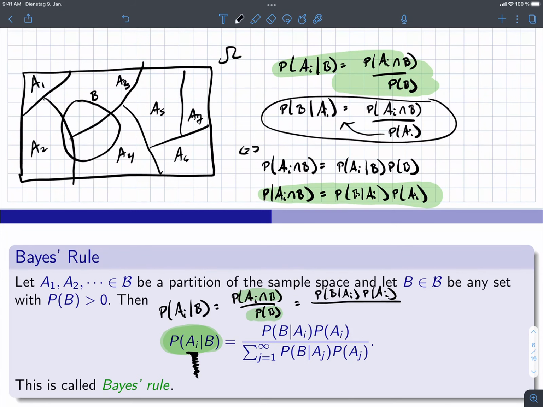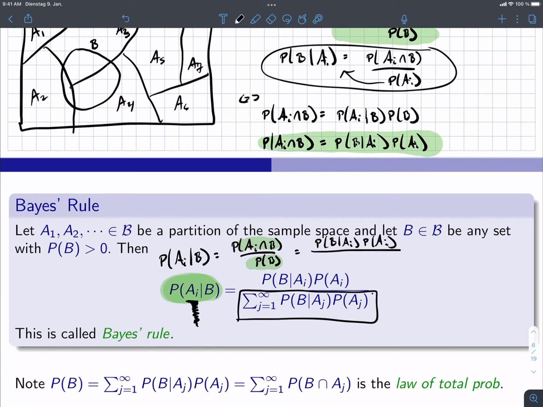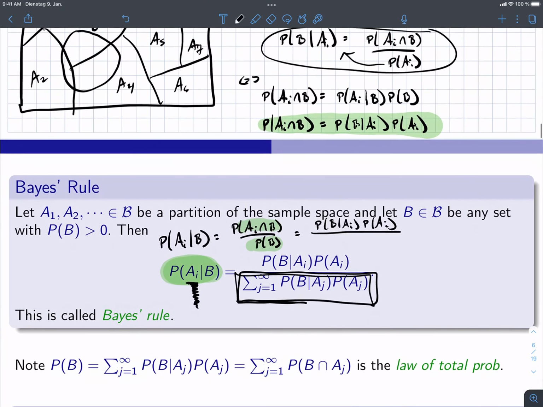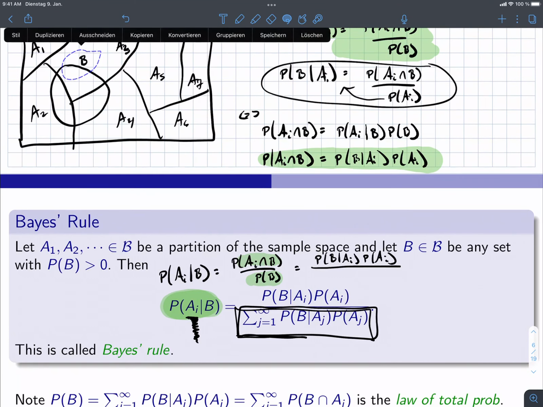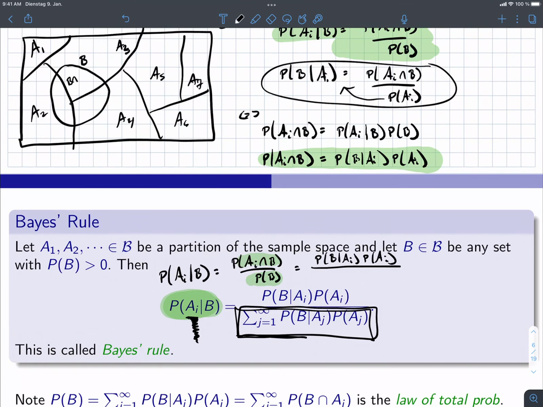Now the denominator is just another way of rewriting the probability of B. And I've put here how that's done. Notice that if I wanted the probability of B, I might shade this circle. But it's made up of these different parts. Here's B intersect A2, here's B intersect A4, here's B intersect A3.